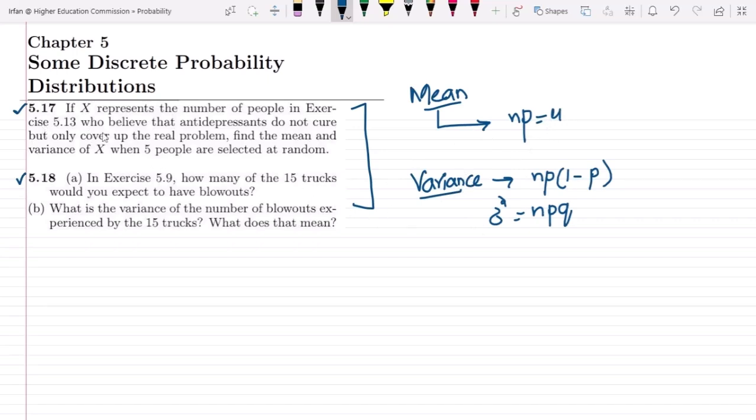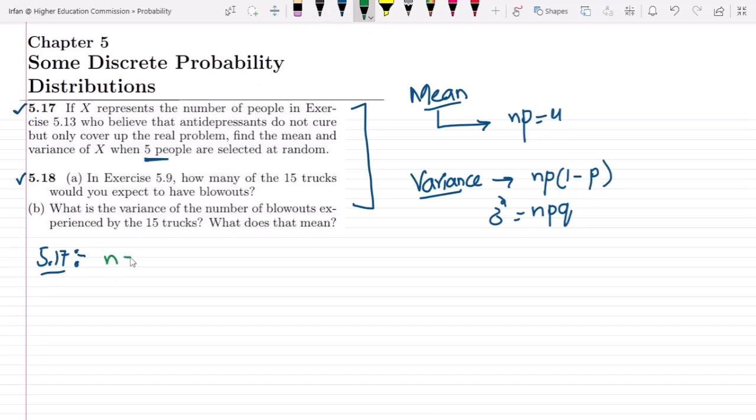And in question 5.17, we have to see that if x represents the number of people in exercise 5.13 who believe that antidepressants do not cure but only cover up the real problem, find the mean and variance of x when 5 people are selected at random. Okay, let me write here the given data.